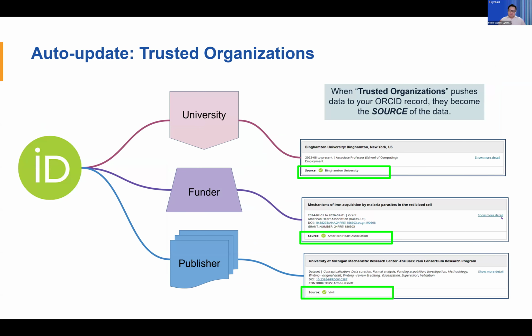And for organizations like a university, I gave a university the authorization to make changes to my ORCID record. If that university has a system that writes affiliations, such as employment, they will do that and become the source of that data in the ORCID record. And the funder, the same thing.